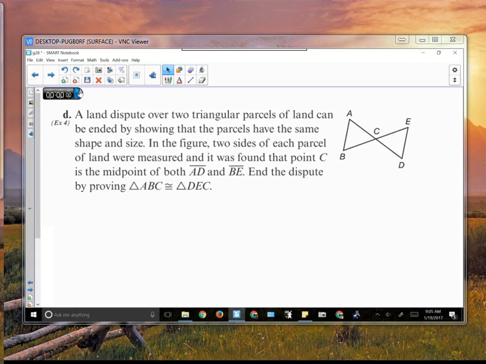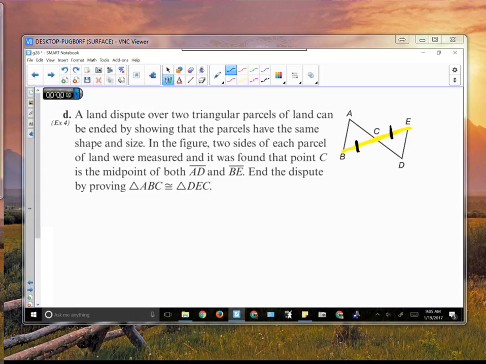If I go from here all the way over here, and C is in the middle of this, cut at the midpoint, which two things are going to be the same? Which segments are the same? Yeah, there you go. So we know that BC is the same as CE.